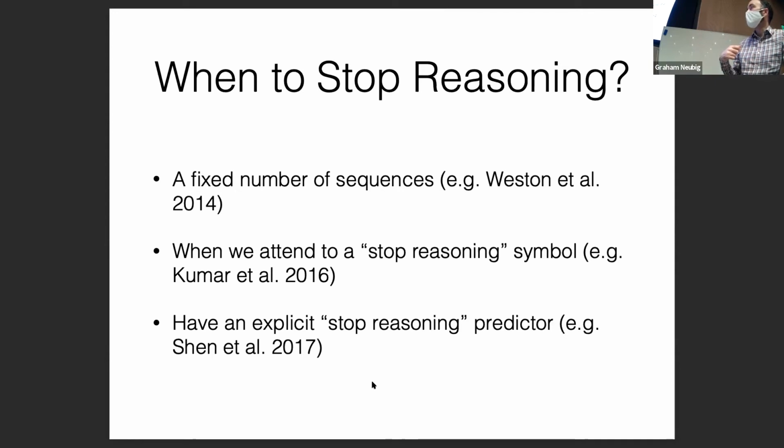You could also have a memory network where it stops re-accessing the memory when the predictor has sufficient confidence in the answer, or you have a classifier that tells you to stop. And there's also things like early exit transformer models, which only use the first couple layers of the transformer, and then they can stop for efficiency purposes, for example. So you have a big, really deep 24-layer transformer, but if after the first 3 layers you're happy with your representations, you stop. So these are all things that have been proposed in the literature.